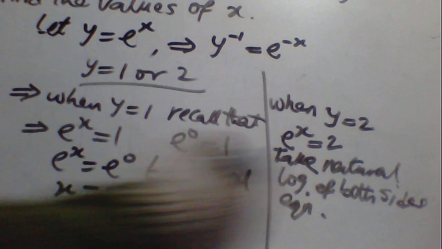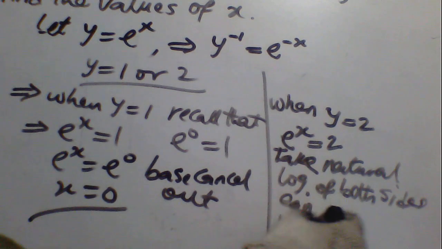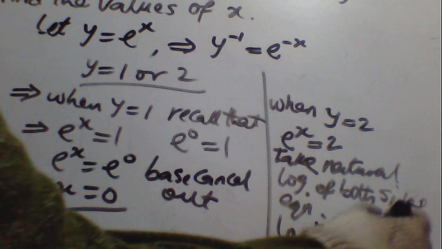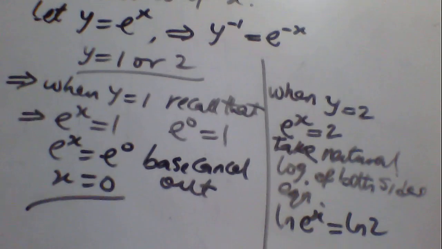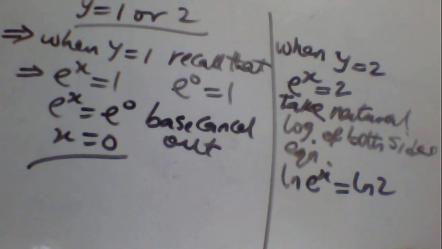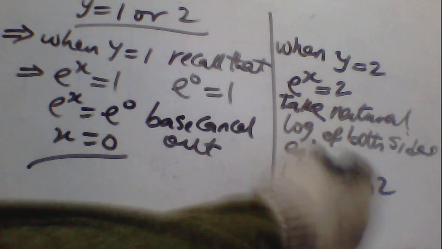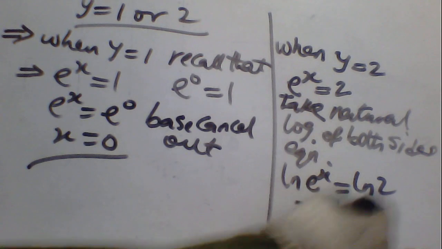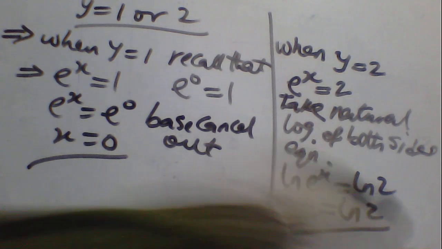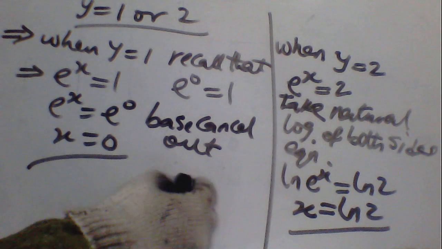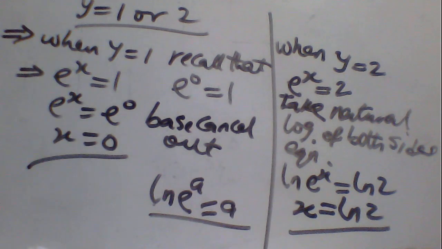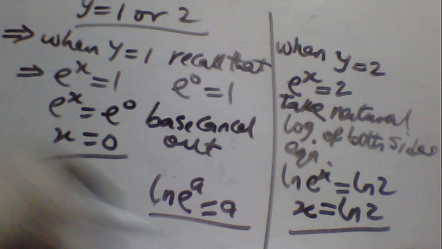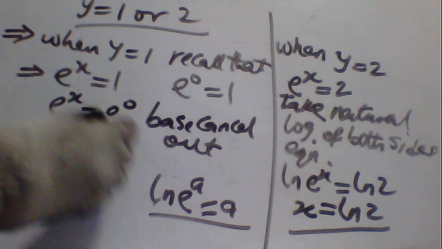In this case we have ln e raised to the power x is equal to ln 2. I hope you are seeing it. Once we have done that, you have x equal to ln 2, because ln e raised to the power a is equal to a.